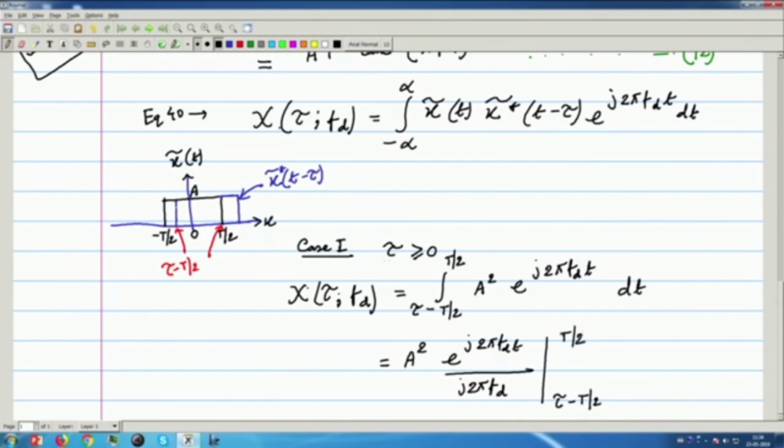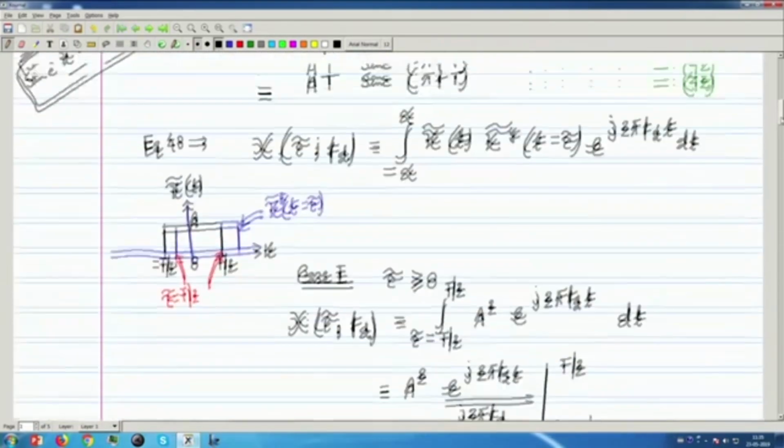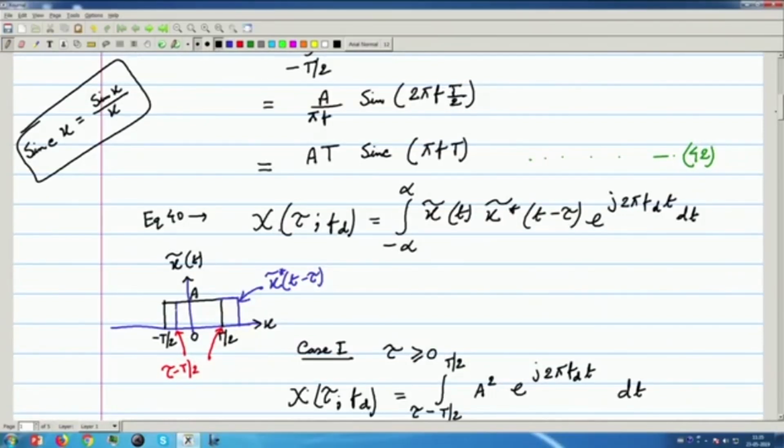And I should also say, please see this picture, that if tau becomes greater than capital T, this lower end will come here. If tau is greater than T, then T will be here, and the lower end of x star(t minus tau) will be just falling on this T by 2 point.